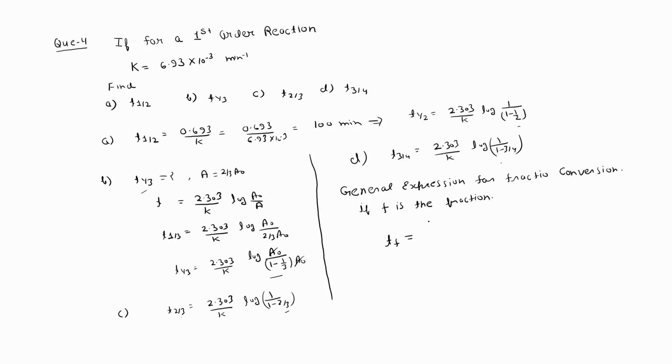So tf is equal to 2.303 divided by k log 1 upon 1 minus f.